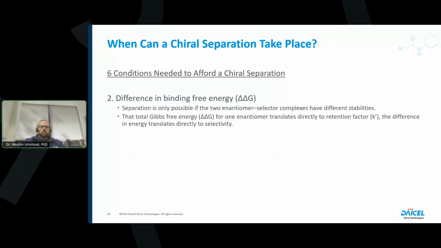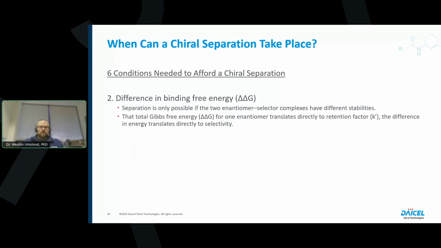When we're talking about just one of these complexes forming, and we want to look at how does that translate to all of these chromatographic factors that we talked about earlier in the slides, the total Gibbs free energy of one enantiomer interacting with one selector directly relates to the retention factor. So the longer or the higher the energy of binding is, the larger the retention factor is going to be, the longer that thing is going to be retained on the column.